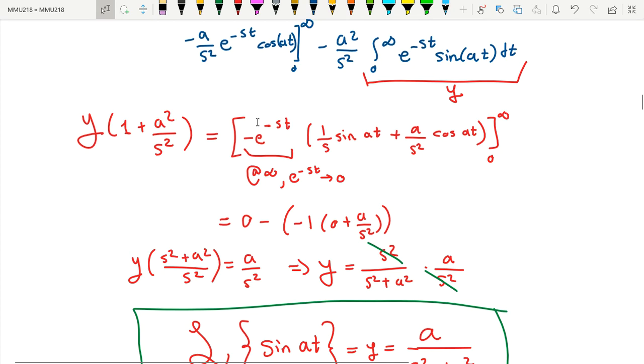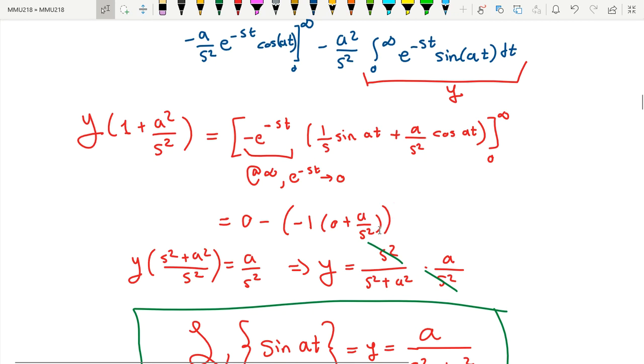E to the minus st goes to, again, 0. And if you write 0 times this is 0 minus, and put the boundary 0, where does it go? Let's see. E to the minus st is going to go to 1, minus 1, that's good. Sine 0 is going to be 0, and cosine 0 is going to be 1, so a over s squared.